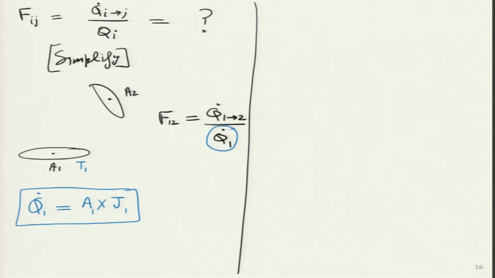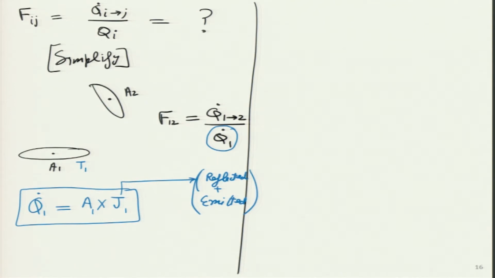And if you remember, what was the definition of radiosity? Radiosity was the sum of the reflected plus the emitted component of the radiative power. So, this is what I am going to write here.